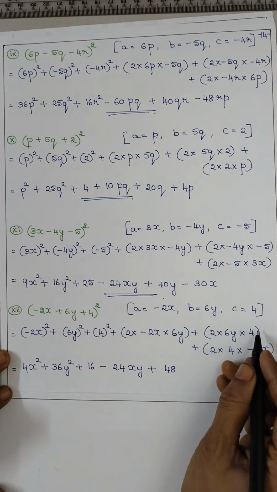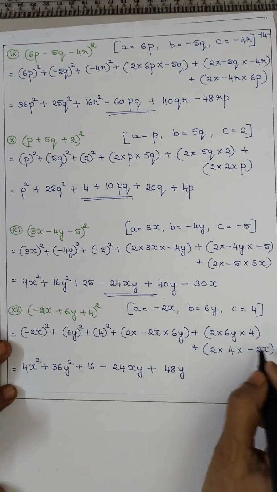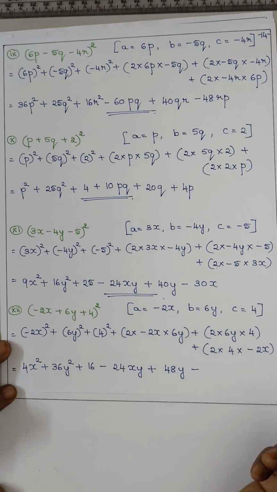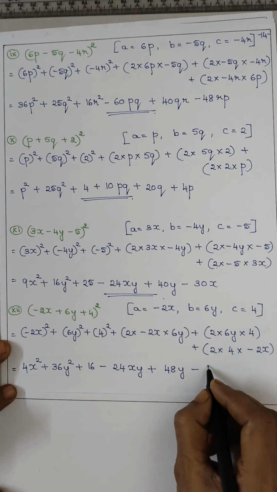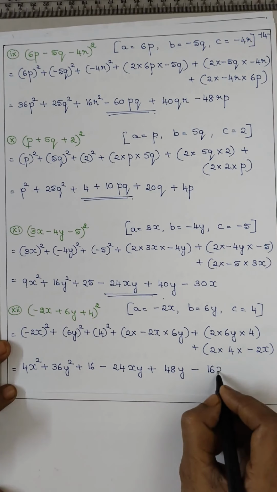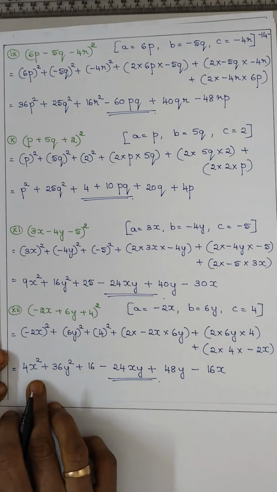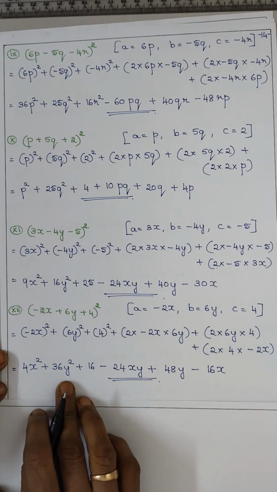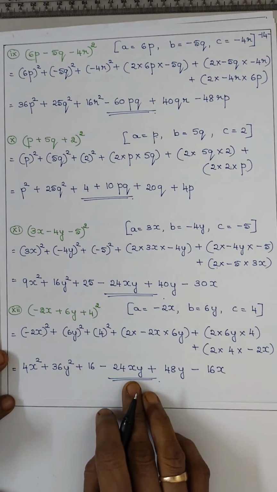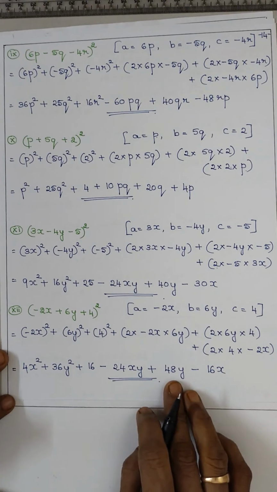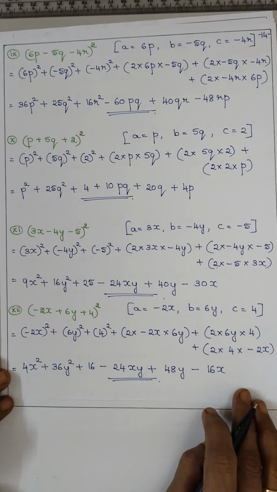Otherwise 2 4s are 8, 8 6 are 48, y. 1 negative, so minus 2 4s are 8, 8 2s are 16 x. So we got the answer 4x squared plus 36y squared plus 16 minus 24xy plus 48y minus 60x.